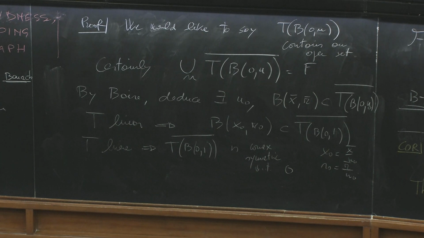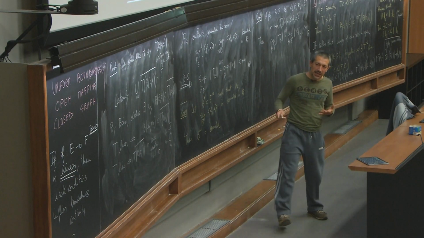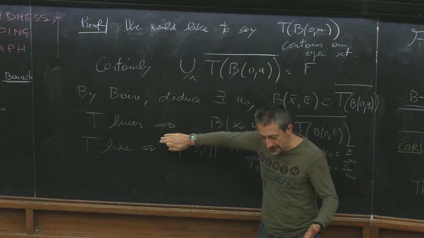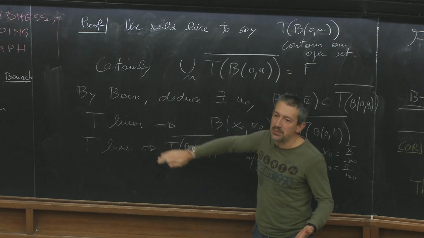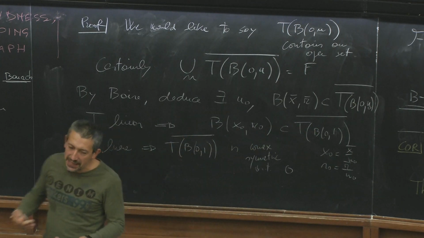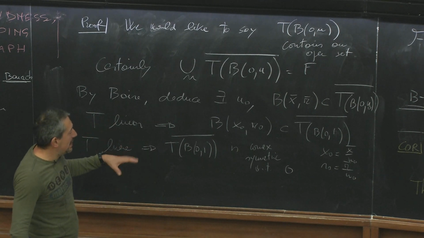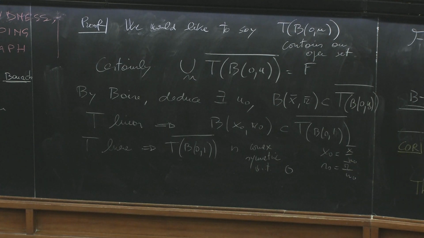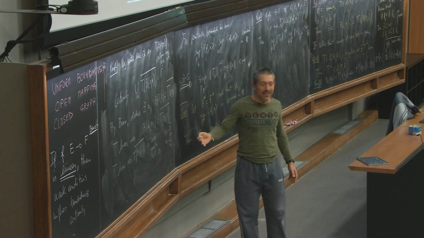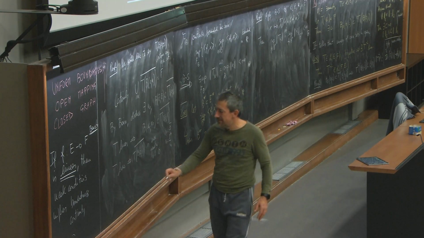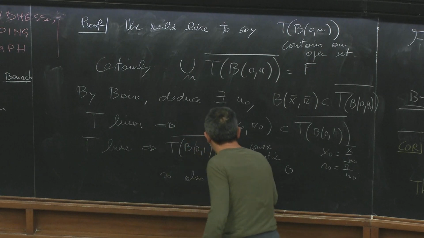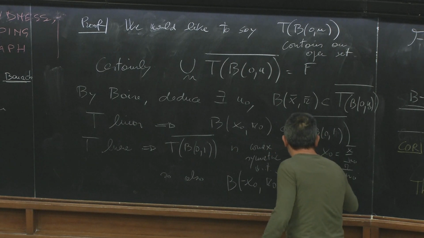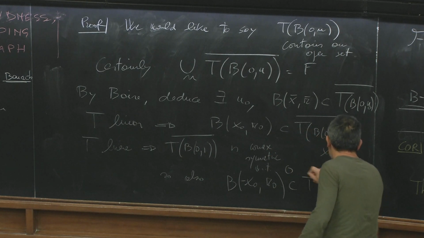This is not so trivial, because certainly without the closure it is symmetric and convex. If you close a symmetric and convex set with a non-empty interior, you get something symmetric and convex. I think you can take it for granted, it's not that deep. So I deduce that B(-x0, r0) is contained in the closure of T(B(0,1)).